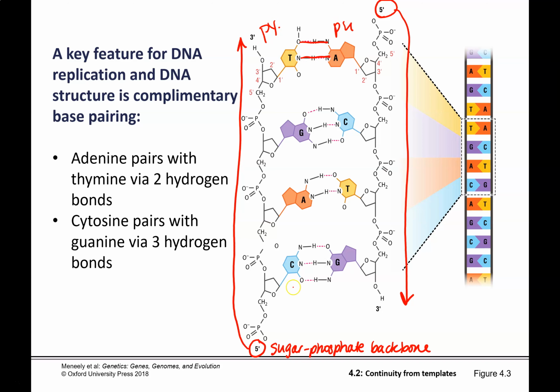And then we have cytosine, our other pyrimidine, bonding to guanine, which is our other purine. And this occurs by 3 hydrogen bonds. Now, this complementary base pairing is what allows us to have a template within our molecule. So built into the structure of DNA, we actually have the template for making new ones, which is really cool.